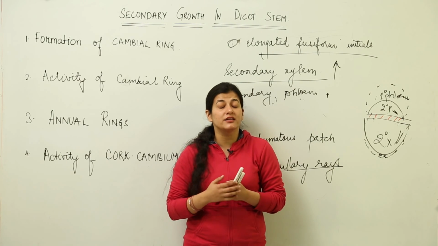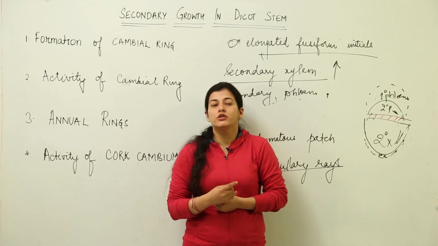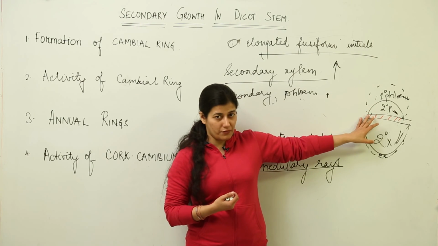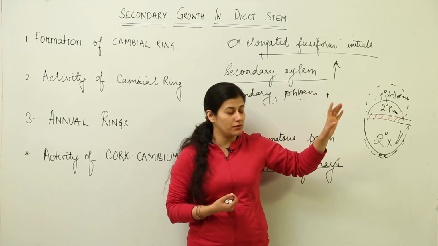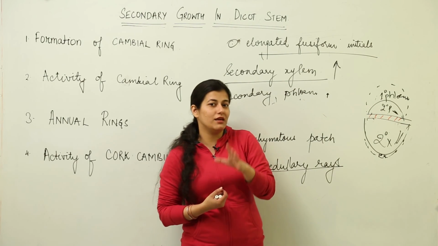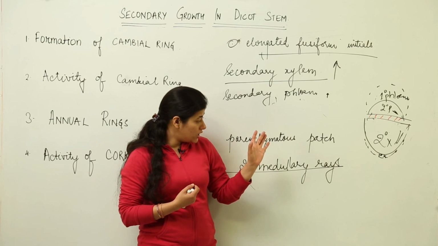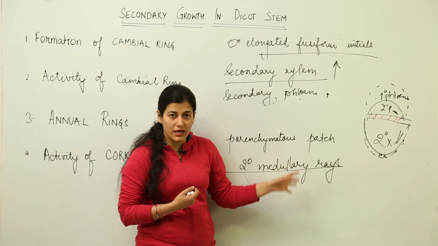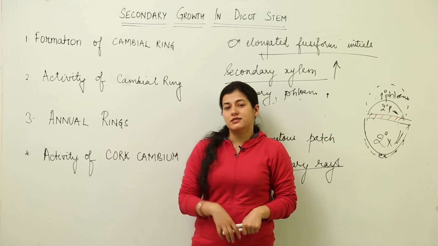The second point is that the formation of xylem is quite rapid compared to the formation of secondary phloem. And thirdly, you have to remember that the cambial ring often gives rise to parenchymatous cells which are known as secondary medullary rays, and where they are located. Now the third point, that is about the annual rings.